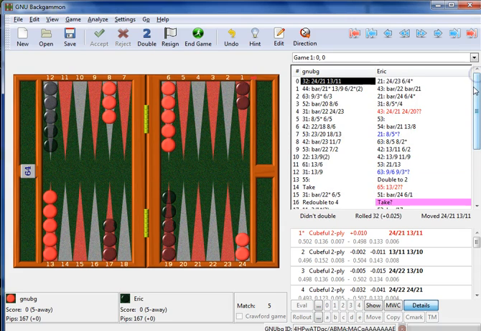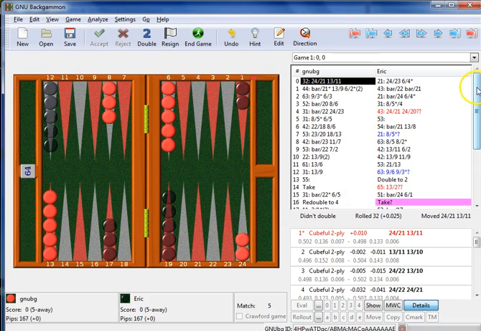Now the color coding for GNU goes like this. If there's a checker play that it definitely thinks is very bad, it color codes it with red text. If there's a checker play that it thinks is bad but not necessarily very bad, it codes that as blue text.